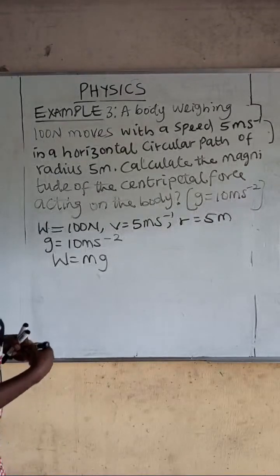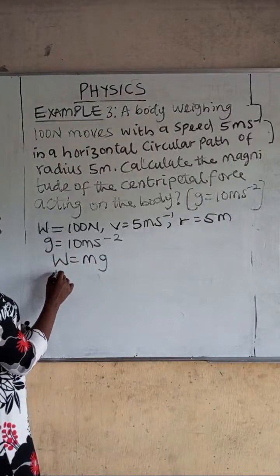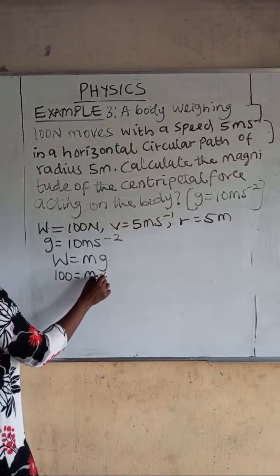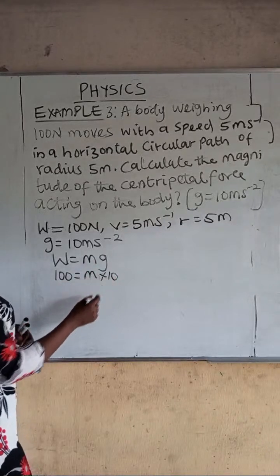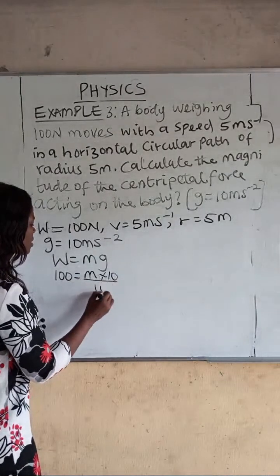So my weight, 100 Newton, equals mass multiplied by 10. So I divide both sides by 10.